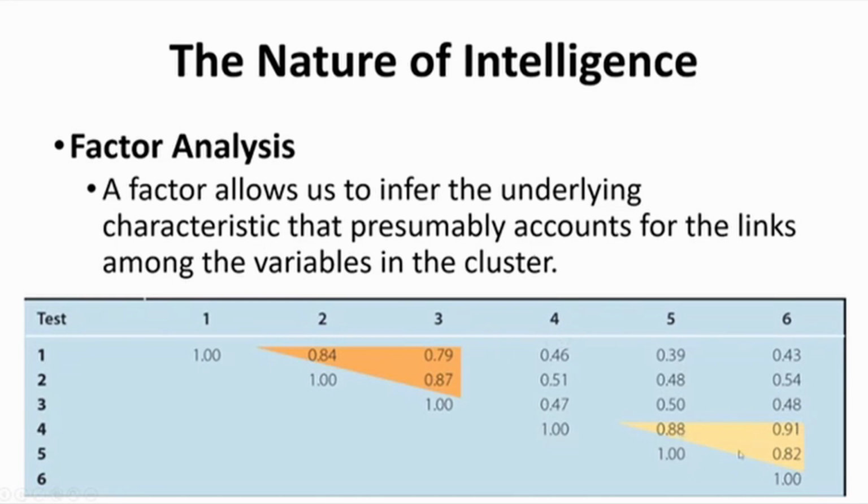We do see a second cluster down here with our yellow triangle, and that's showing a relationship between test 5 and test 4, and test 4 and test 6, and test 5 and test 6. So 1, 2, and 3 form one cluster, and 4, 5, and 6 form another cluster. So here we're looking at 2 factors that could be considered within factor analysis.